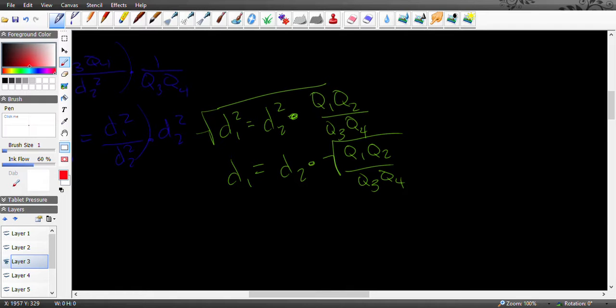Okay, so let's plug in. Let me grab my pocket test. We're solving for D1, so it's going to equal D2, which is 2.06 times 10 to the negative 2 angstroms.